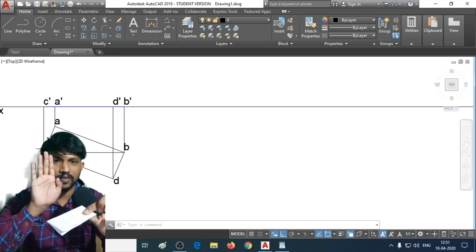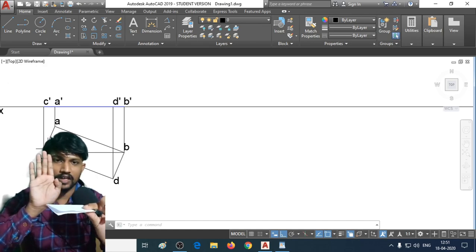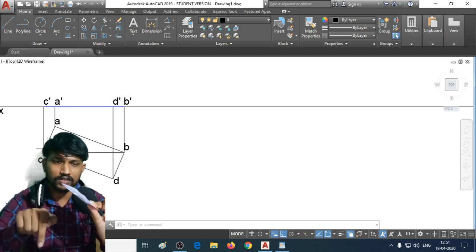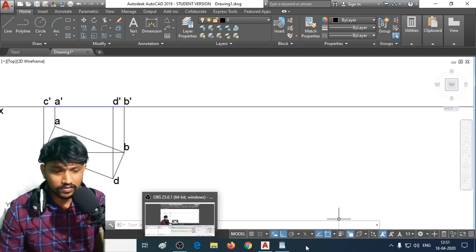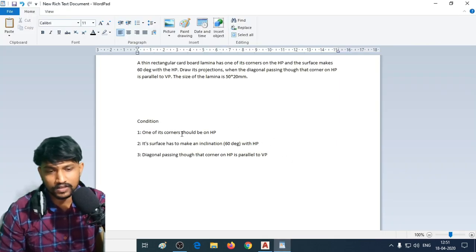Okay, now it is just parallel to the vertical plane. What we are going to do now is incline this surface with the horizontal plane by 60 degrees. Okay, then we are satisfying all the three conditions.